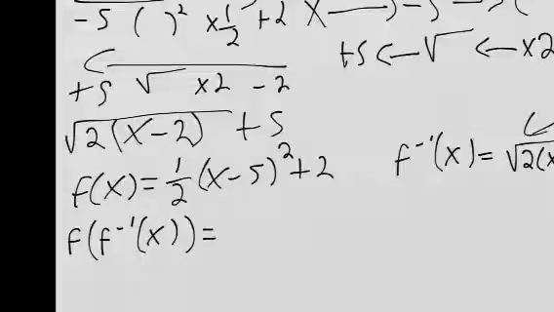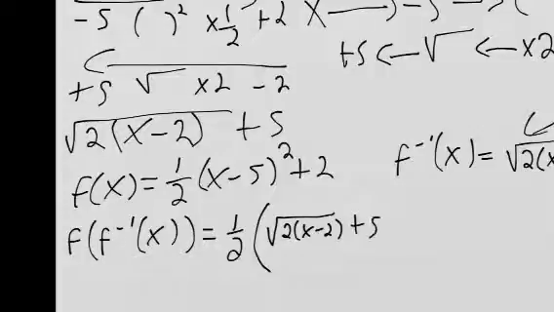So we get 1/2 times, and instead of x we write the square root of 2 times x minus 2, plus 5. Okay, so we've replaced x with our whole inverse. Now we finish it up: minus 5 squared, plus 2.